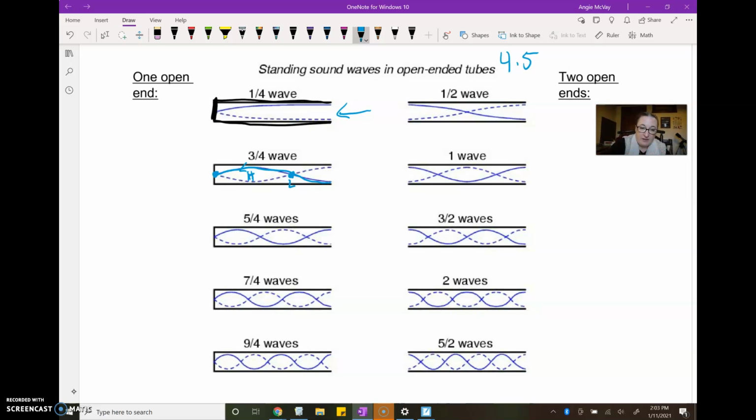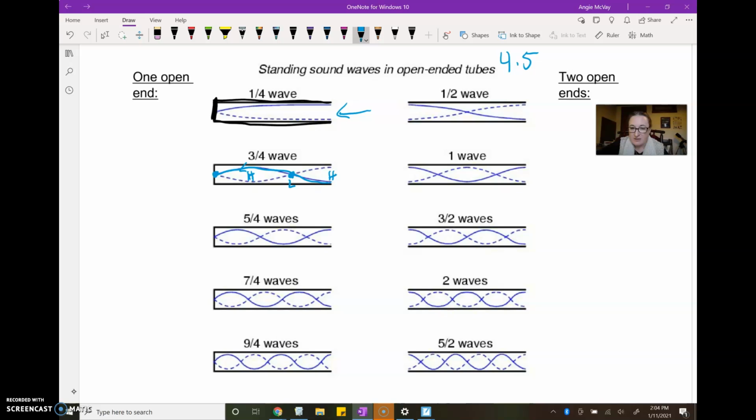And then if there's 3/4 of a wavelength within this pipe, you'll end up with a high pressure region right at the mouth of the pipe. And it's those high pressure regions that produce the high volume of sound. And so you really want those antinodes to be at the opening of the pipe to produce high volume and get that resonance effect.